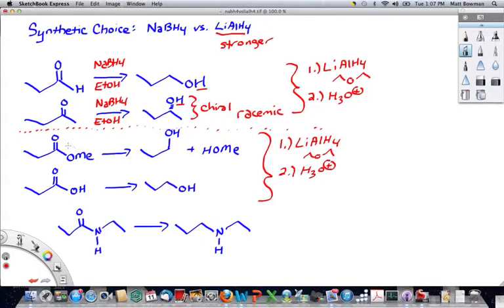In the case of an ester, you end up cleaving this bond right here, and the acid workup step provides this H and this H. The hydride provides the hydrogens that attack the carbon.